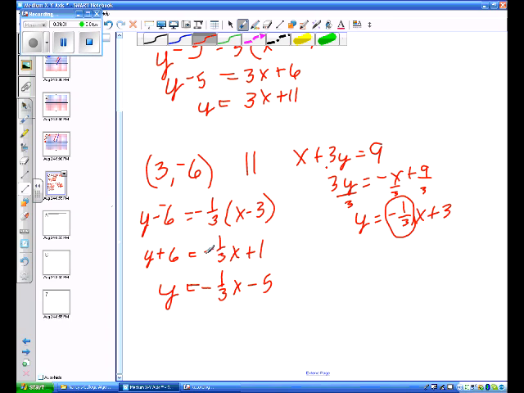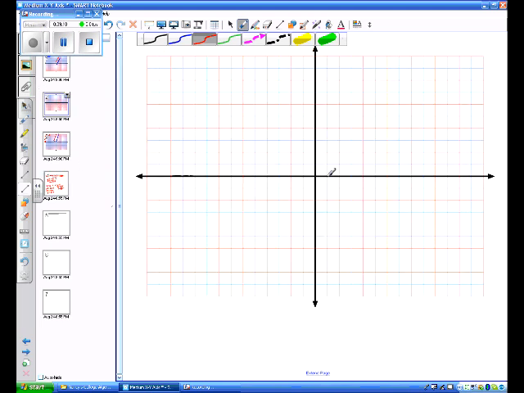Again, if you wanted to see, let's go ahead and graph this line. So our intercept was at 3. We had a slope of -1/3. That meant we went down 1, to the right 3, down 1, to the right 3, down 1, to the right 3. We can draw that line.